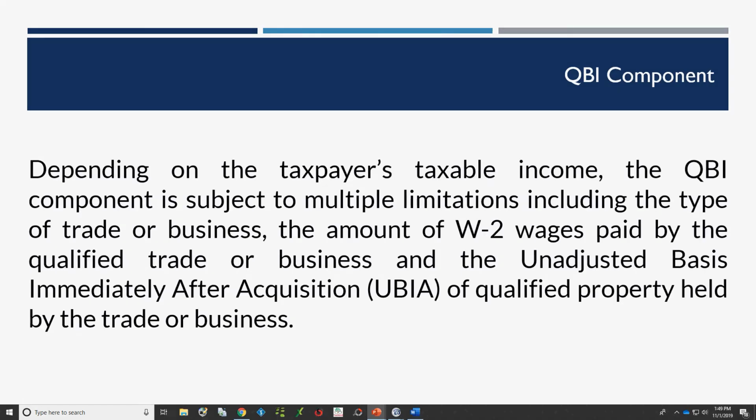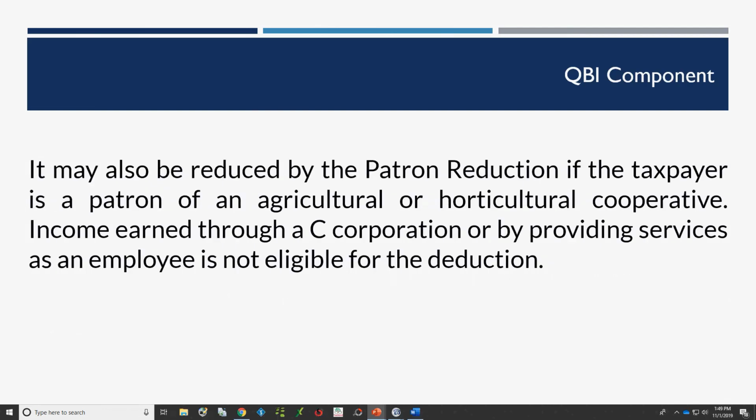Depending on the taxpayer's taxable income, the QBI component is subject to multiple limitations, including the type of trade or business, the amount of the W-2 wages paid by the qualified trade, and the unadjusted basis immediately after acquisition, UBIA, of the qualified property held by the trade or the business. It may also be reduced by the patron reduction if the taxpayer is a patron of an agricultural or horticultural cooperative. Income earned through a C Corp or providing services as an employee is not eligible for this deduction.